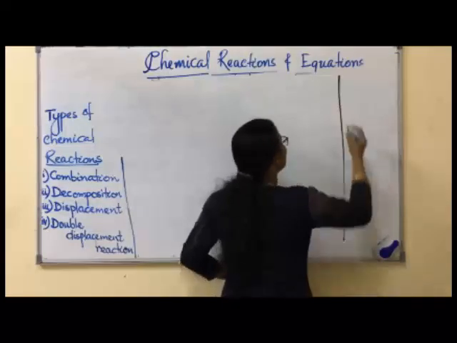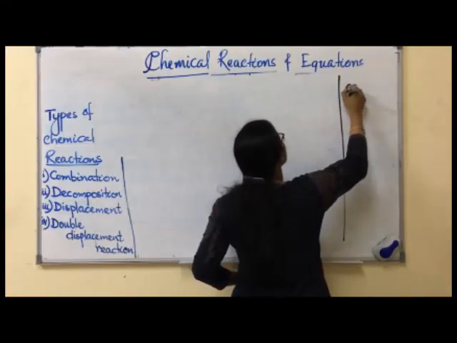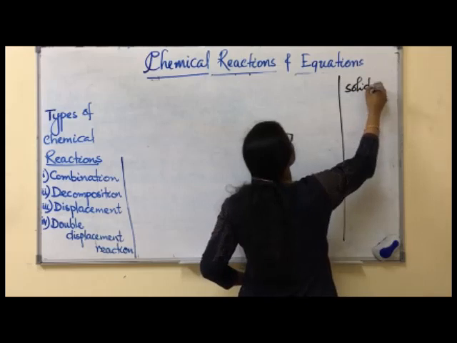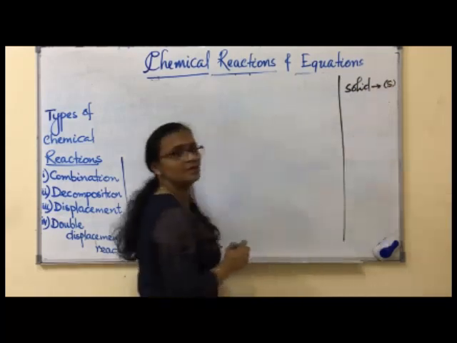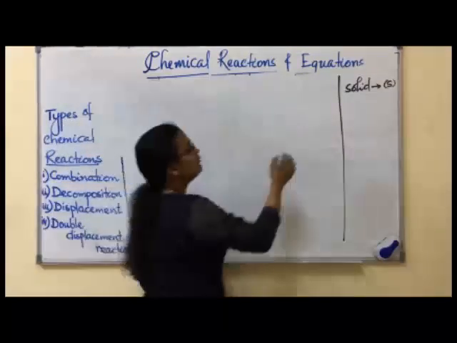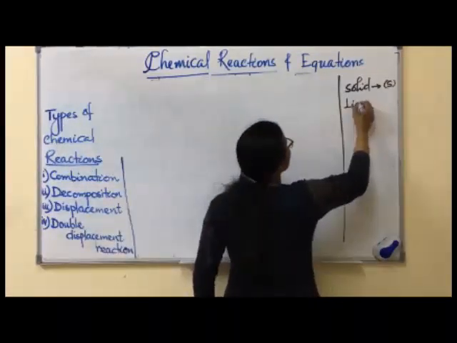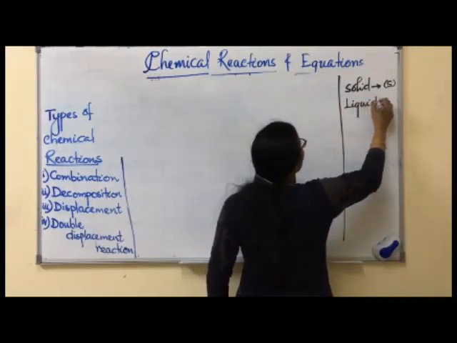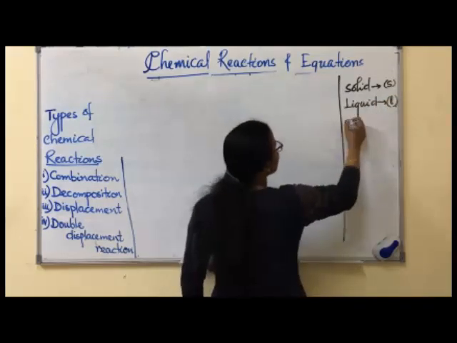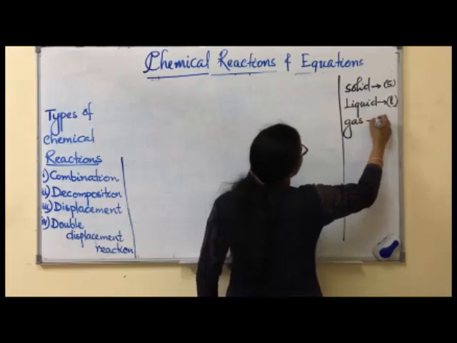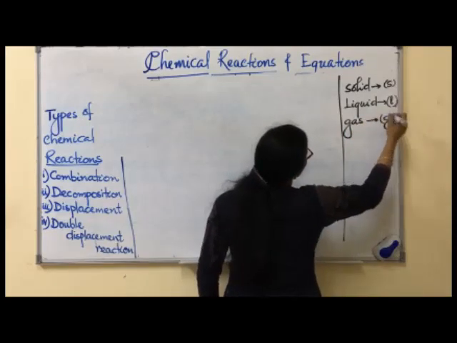That means if any of the species is in the solid state, we should mention its physical state as small s after its symbol. If it is liquid, we should write l for its symbol. If it is gas, we should represent g as its symbol.